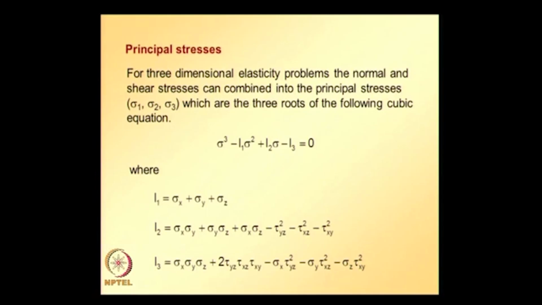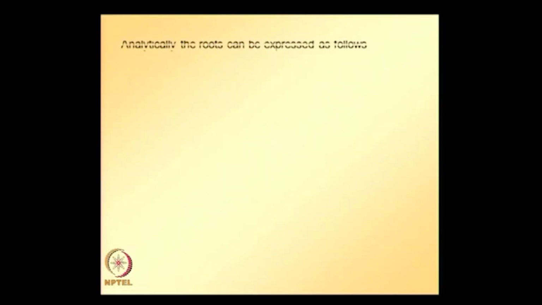That gives us sigma 1, sigma 2, sigma 3, which correspond to the 3 roots of the cubic equation that is shown here. Or analytically, the roots of that cubic equation can be expressed as follows.